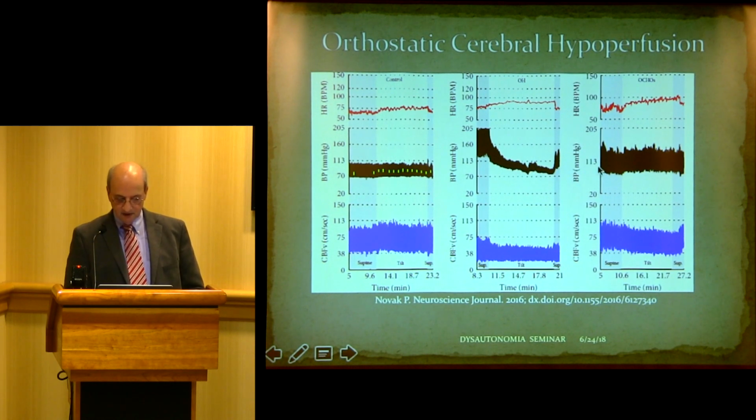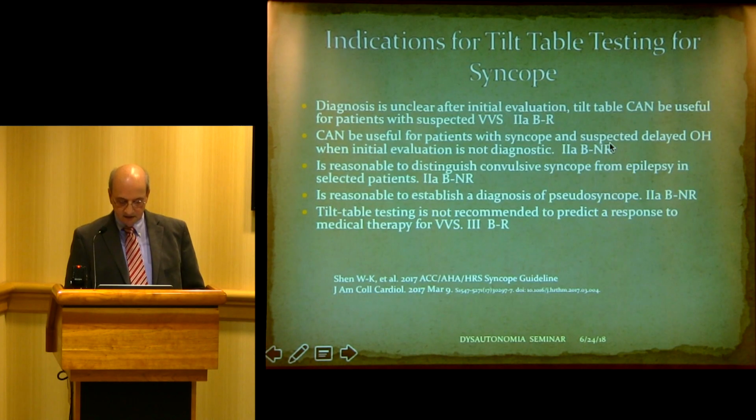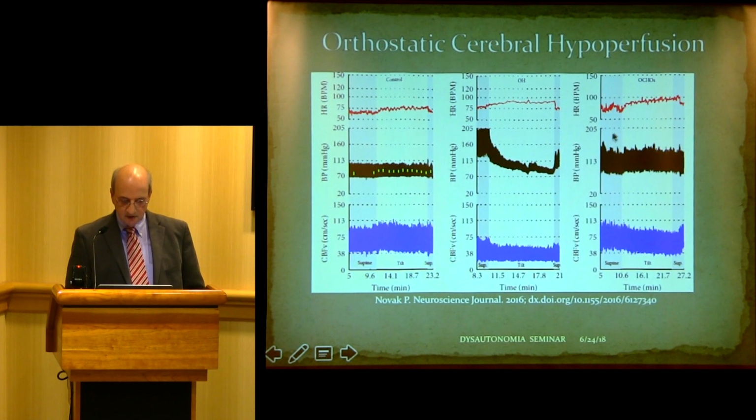Here's a patient that had a tilt. The heart rate went up, but not enough to be POTS. The blood pressure didn't change much at all, but cerebral perfusion decreased.